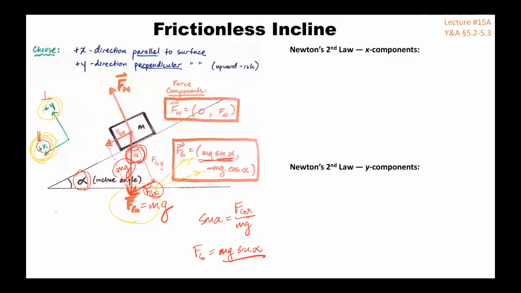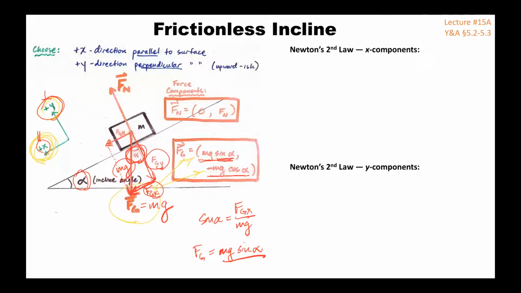You can go through a similar argument for the y component of the weight right here, using this little triangle, or using our definition of the trig angle. And when you're all said and done, you get negative mg cosine alpha. And the negative sign comes from the fact, of course, that it's pointing in the negative y direction.